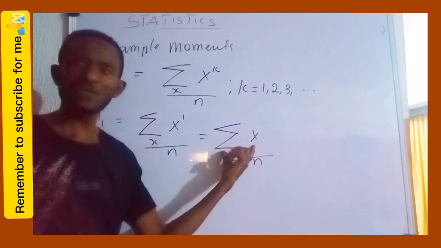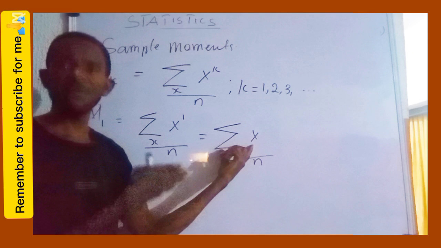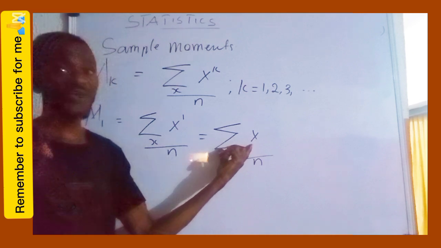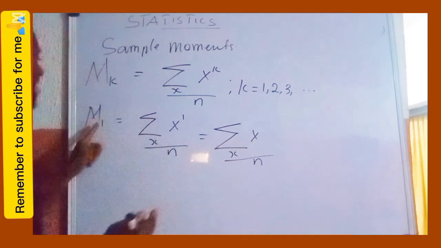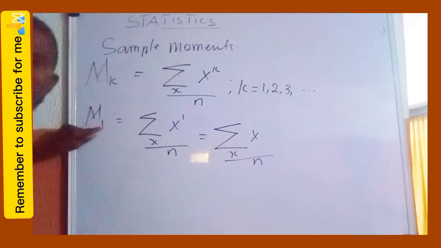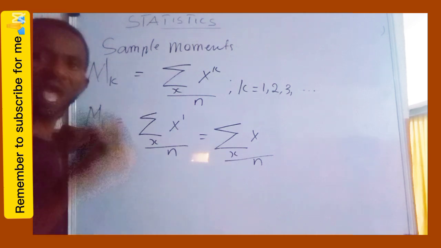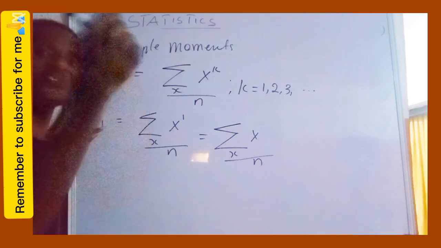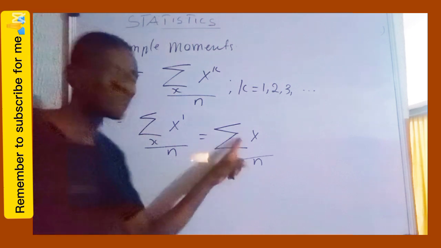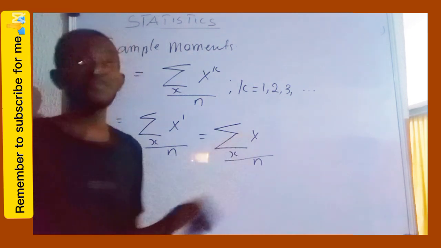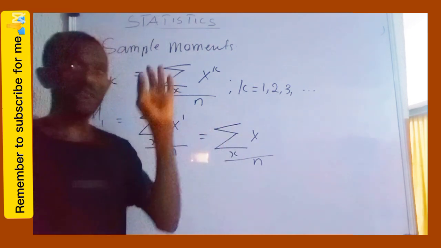The conclusion is that the first sample moment about the origin, or about 0, is the same thing as the mean of that random variable x. Pin that one down very well.